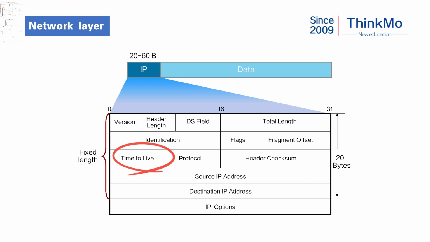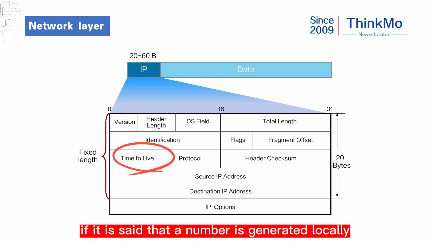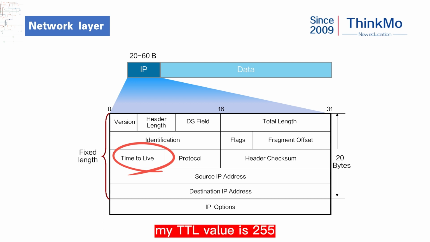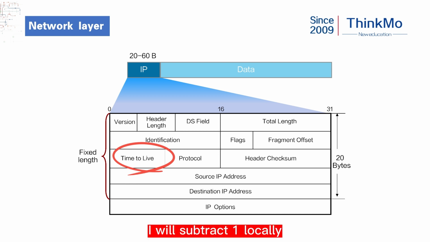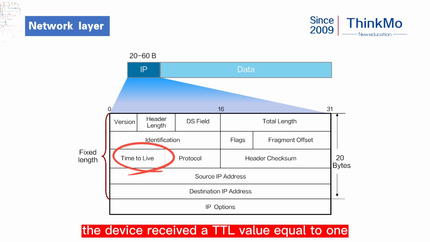Let's take a look. If a packet is generated locally, my TTL value is 255. Then every time I pass a layer 3 device, I subtract 1 locally, reducing it to 254, then 253, 252, 251, 250, and it turns around. At the end, for example, the device receives a TTL value equal to 1.